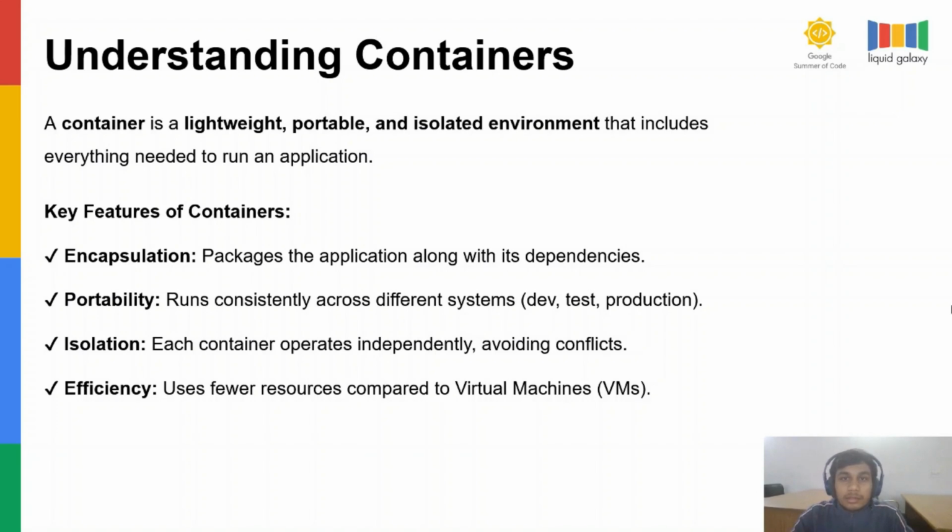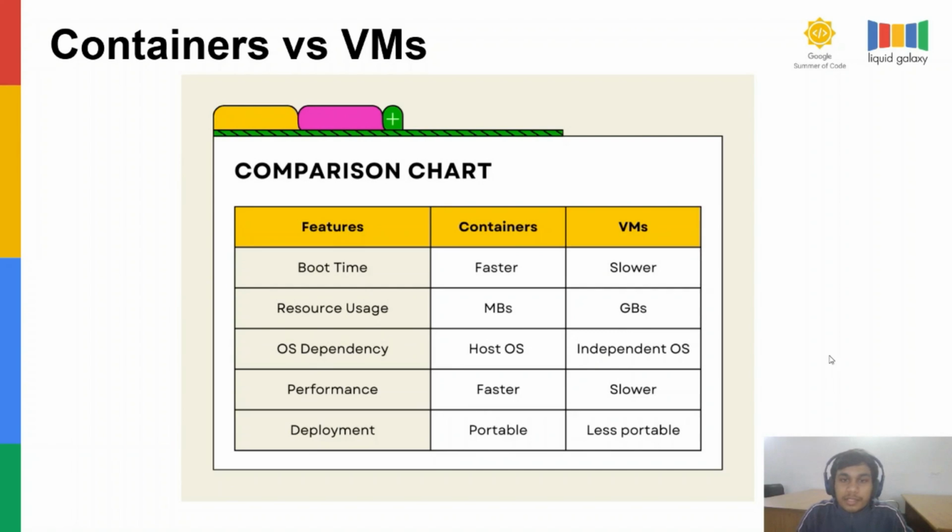And to explain that, let's see this comparison chart. As you can see here, while they both might be similar, a container is faster and a smaller unit when you want to deploy an application. As you can see, the boot time as well as the performance of a container are both faster than VMs. And the resource usage, as you can see, containers use a minimal amount of megabytes while VMs use gigabytes.